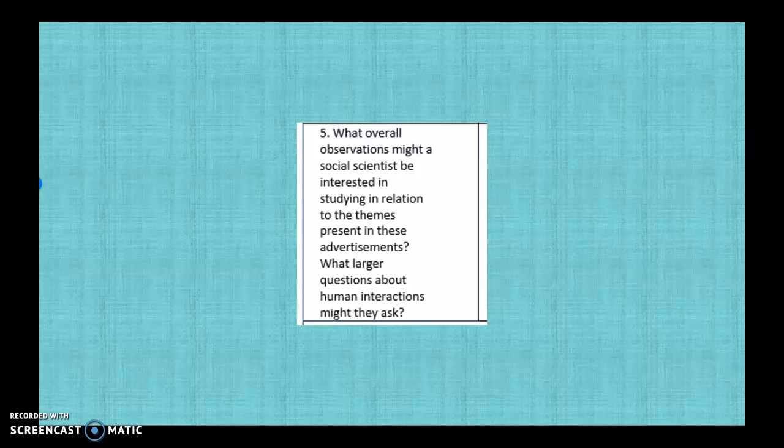And what things did you see in the ads that would spark their interest, that they would want to study further? You're just writing sentences in this first section. And then in the second section, you're going to look at the human interactions that you saw. What questions would someone in the social sciences have about these human interactions?